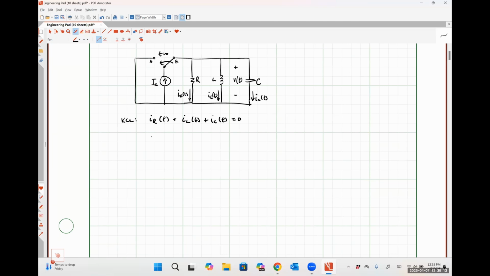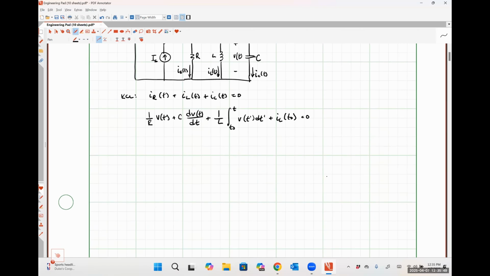So that was 1 over R times V plus C dV by dt plus 1 over L times the integral from t naught to t of V(t') dt' plus IL at t naught.